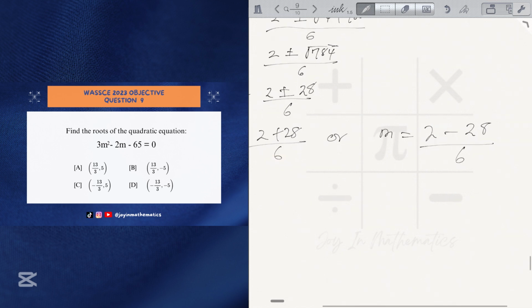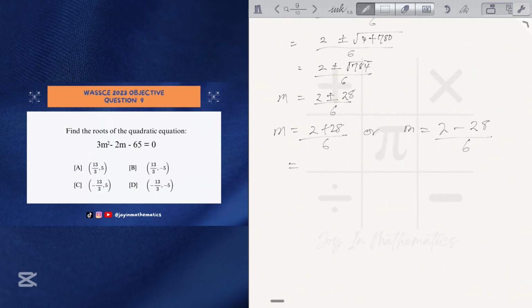If we simplify, 2 plus 28 gives us 30 divided by 6, and 2 minus 28 gives us minus 26 divided by 6. So 30 divided by 6 gives us 5, and minus 26 divided by 6 gives us minus 13 divided by 3.